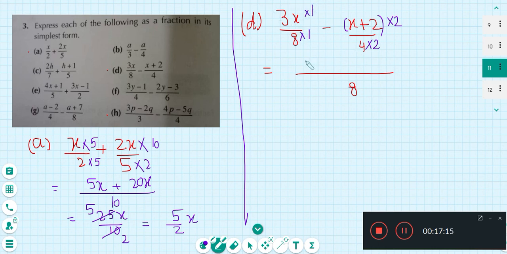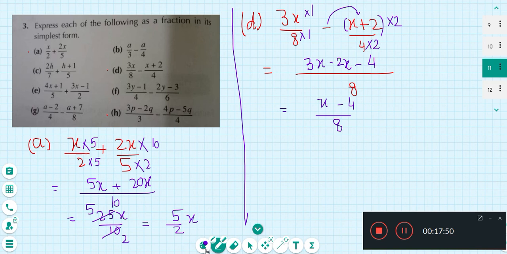So 3x into 1 gives you 3x, and this negative, minus 2x. Similarly this negative will multiply by the positive sign, negative, and 2 into 2 gives you 4. So 3x minus 2x gives you x minus 4 divided by 8. So this is a single fraction that was expected from us.